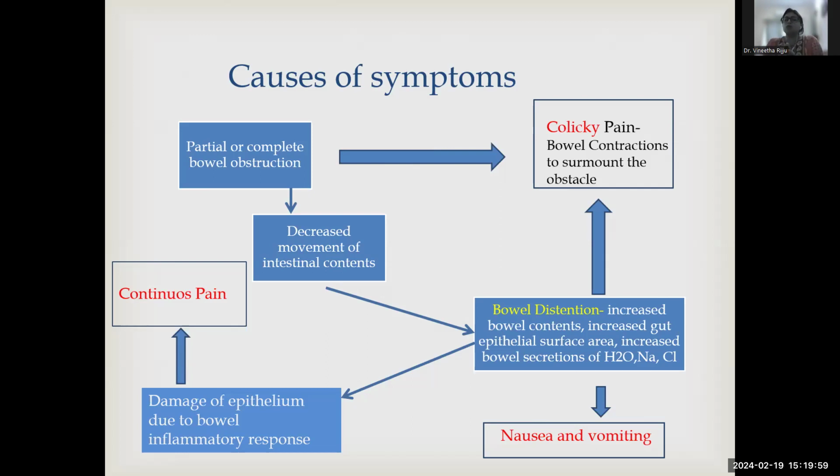This is because when the distension occurs, the gut epithelial surface area is also getting stretched. When the surface area increases, it adds on to the bowel secretions.